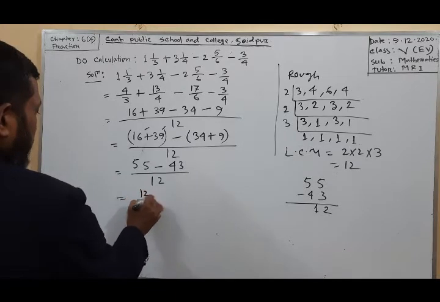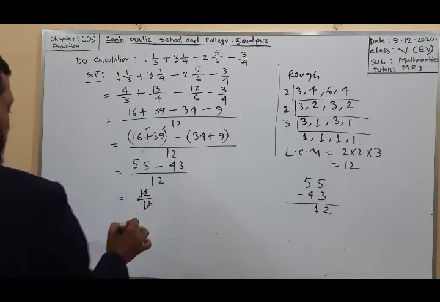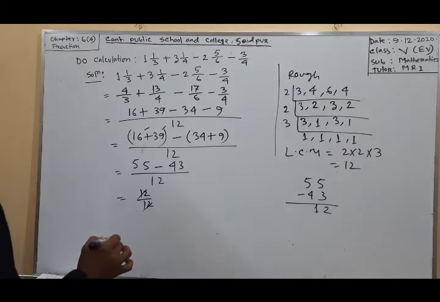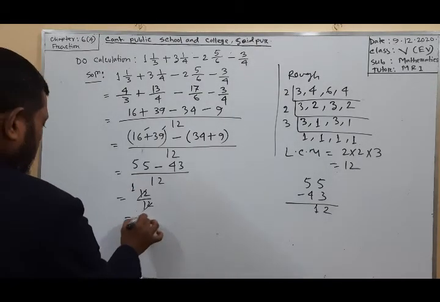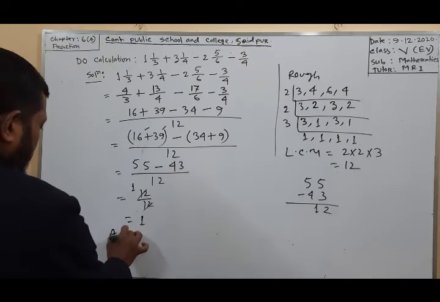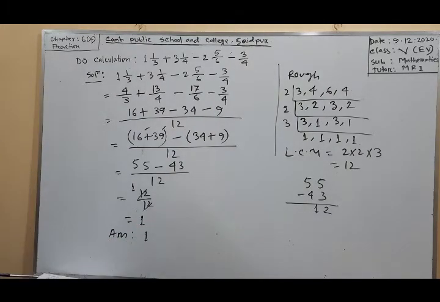We get 12 by 12, and 12 divided by 12 gives us 1. So the answer is 1. We can solve this sum another way.